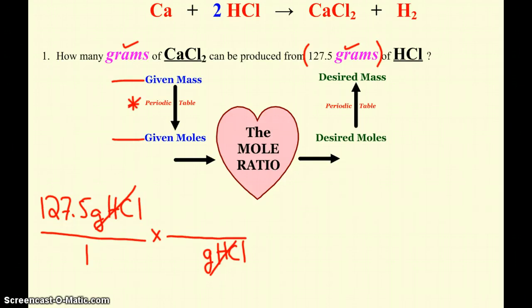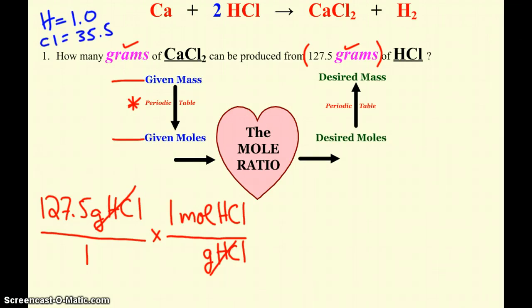And whenever I use the periodic table, that of course is 1 mole of hydrochloric acid. The periodic table is always set at 1 mole. And so for the grams, I just have to use my molar mass. Hydrogen is 1.0, chlorine is 35.5. So when I add those together, that's 36.5 grams of hydrochloric acid in 1 mole.